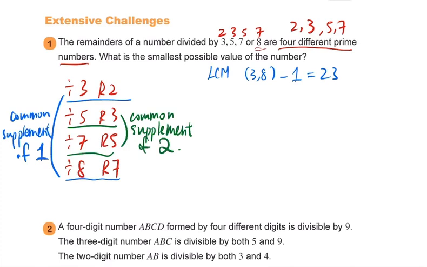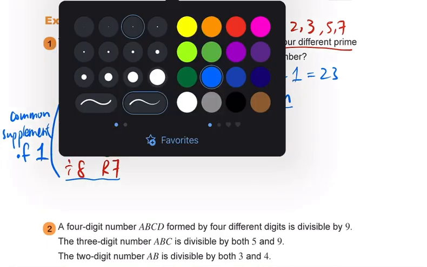So that's going to be 23. Any number with the general term 23 adding 24n, where n is any positive whole number, is going to have the same property. So that's the general term for the common supplement of 1 when dividing by 3 or 8.